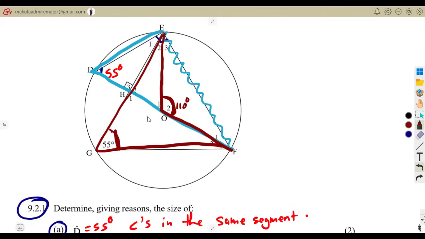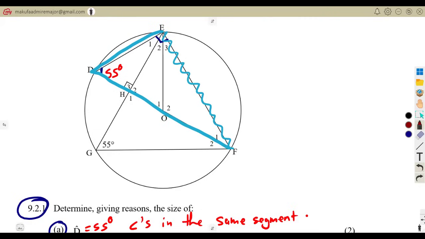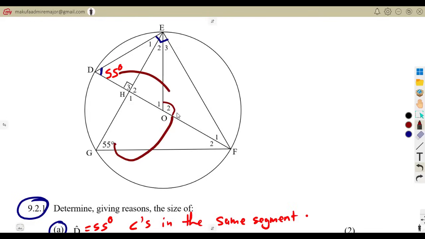Angle at the circumference, angle at the center, one and the same thing. You multiply by 2. So this whole angle there is going to be 55 times 2. So that is going to be 110 degrees.